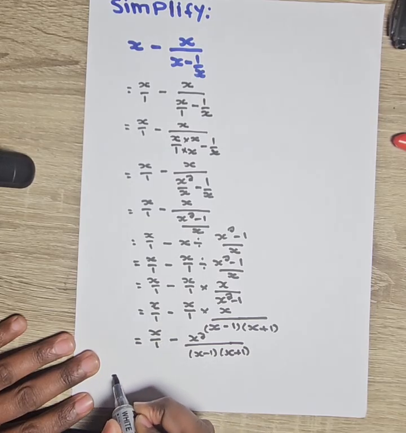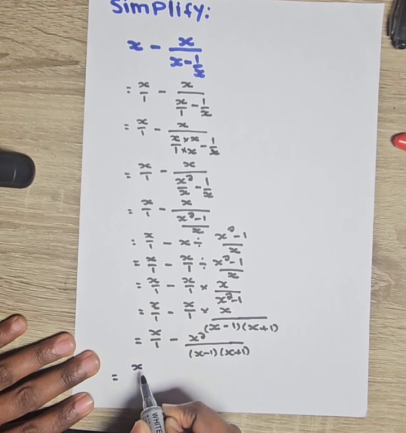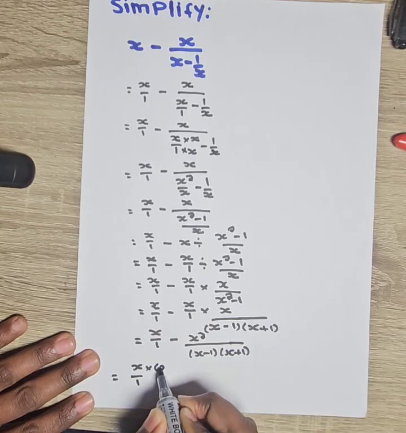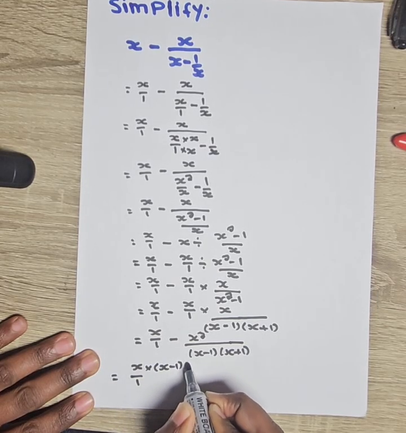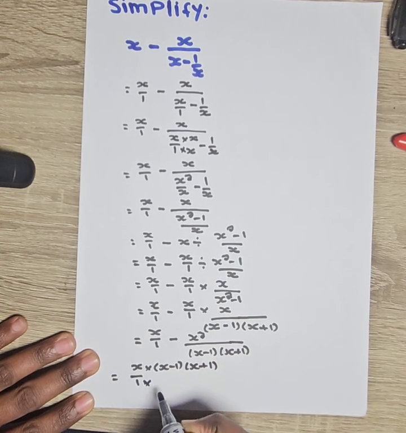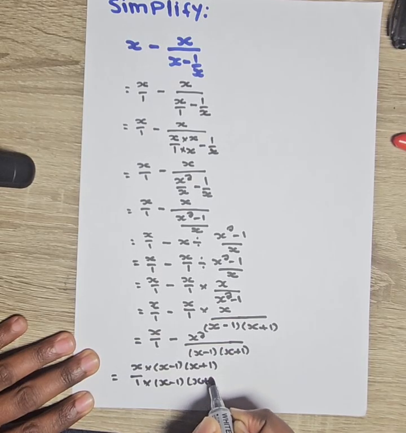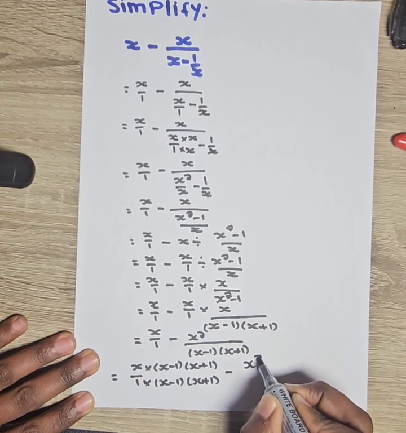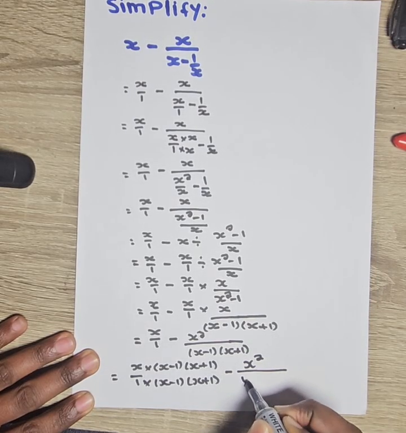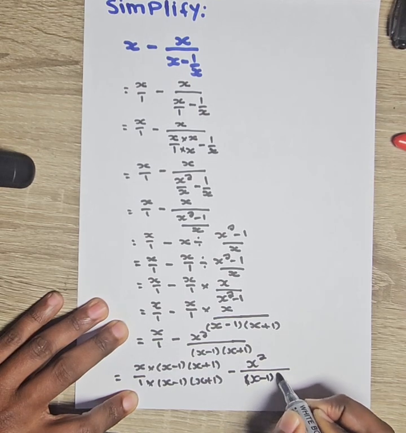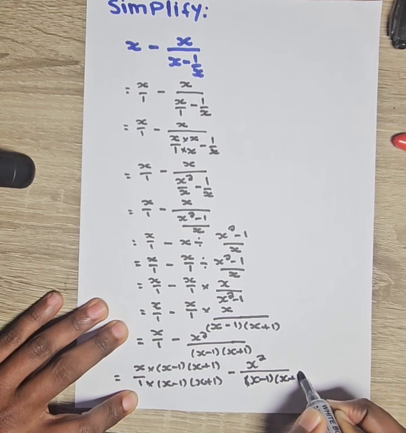We're going to therefore say equals x over 1 times x minus 1 x plus 1, and the bottom side x minus 1 x plus 1, minus x squared over x minus 1 x plus 1.